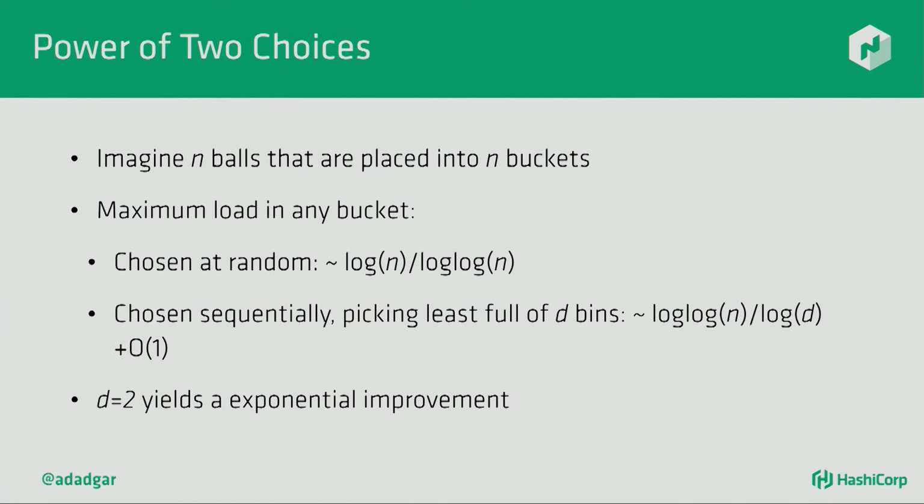But the insight is if you choose sequentially, and instead of picking randomly, you look at D bins, and you pick the least loaded of those D bins, you kind of inverse this. You get log log n in the numerator and log D in the denominator. So D of 2 actually yields an exponential improvement. So by just looking at 2, you exponentially make better choices.